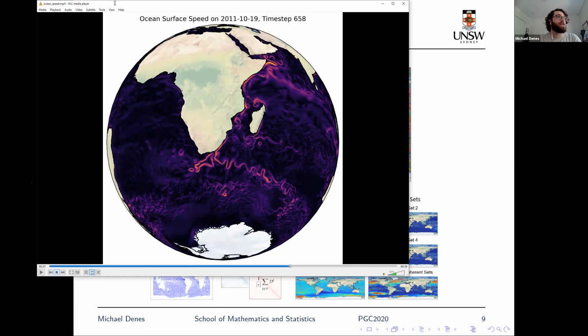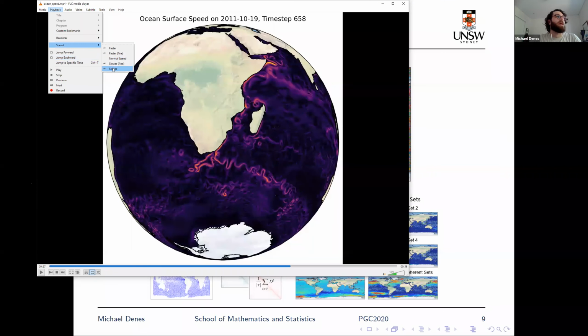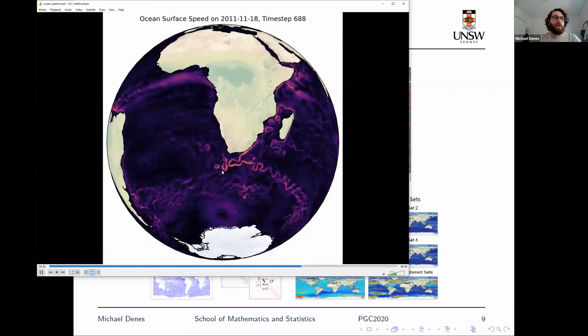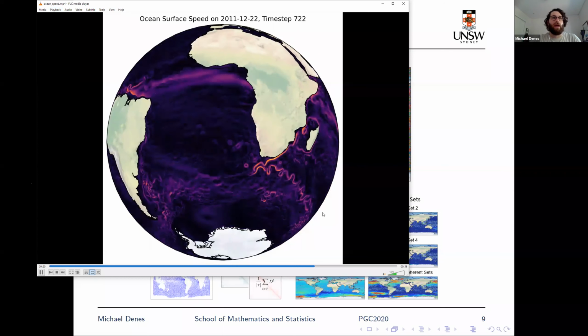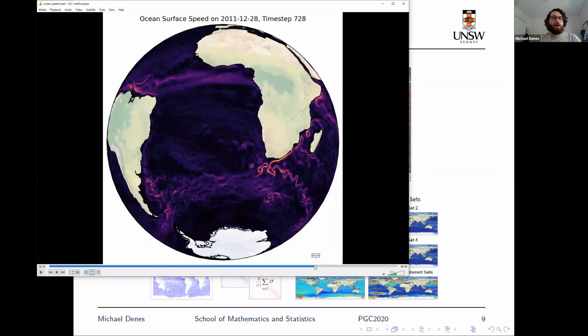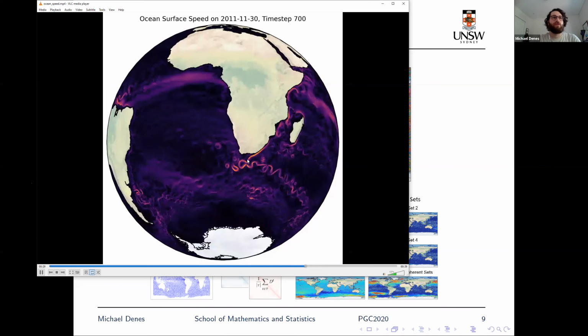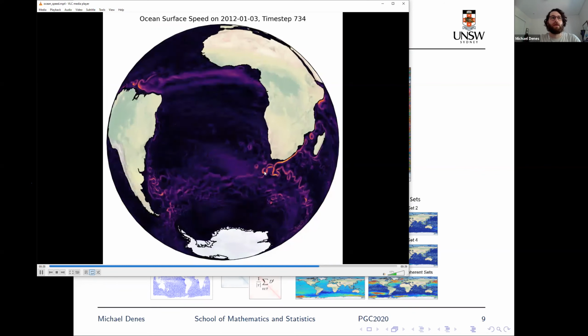And so if I play this slowly, you'll see the sort of rings form where those currents sort of meet. It pinches off and the eddies are formed there.